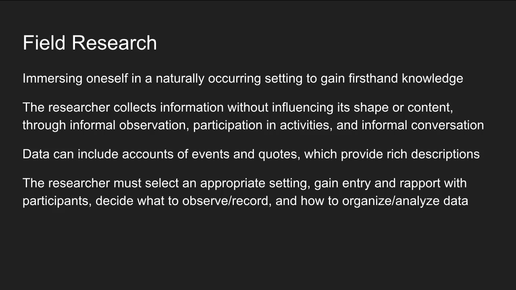The researcher is standing back without influencing the shape or the content of social behavior, and they're gathering data through informal observations, participation in activities, and conversations with people within that setting. So the data that's produced from field research can include the person's accounts of events, extended quotes from interviews, and these data provide very rich descriptions of social life.